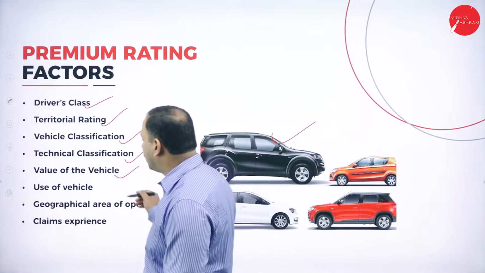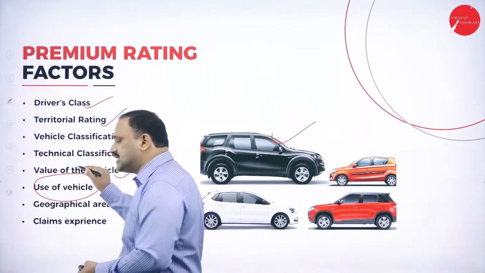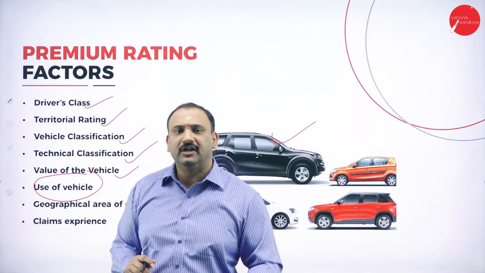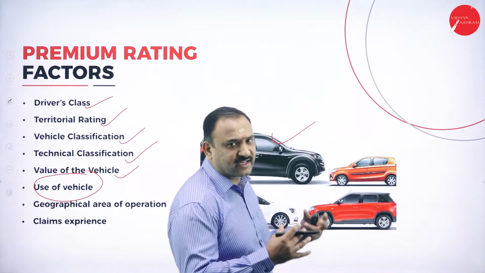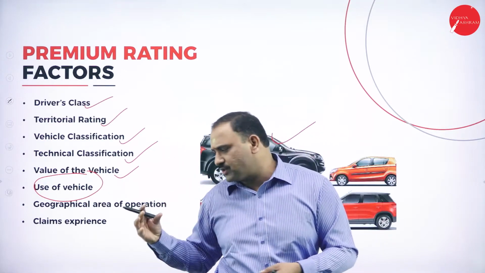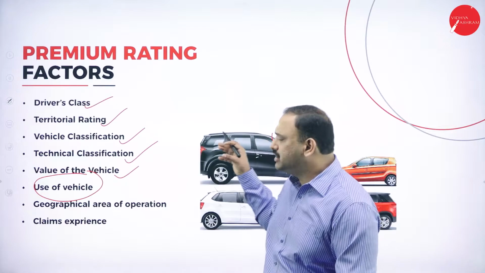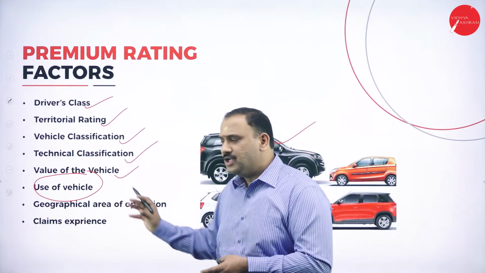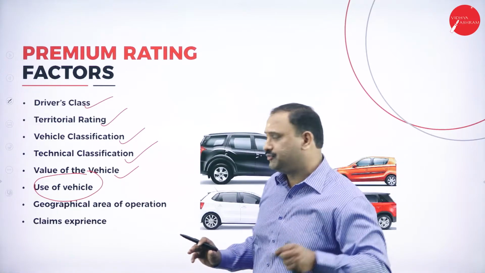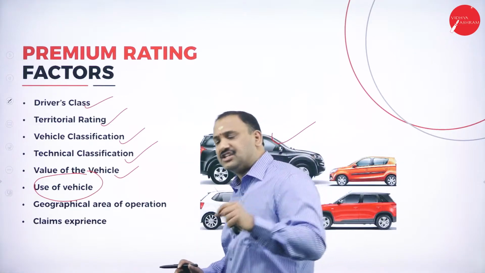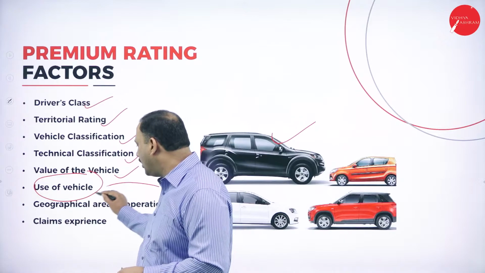The usage of vehicles. What kind of usage has been done? Is it for regular transport? Is it for some special purpose? Is it basically a cargo lifting vehicle? All those kinds of calculations will also be looked into. That is what we call the usage value of the vehicle, followed by the geographical area of operation.